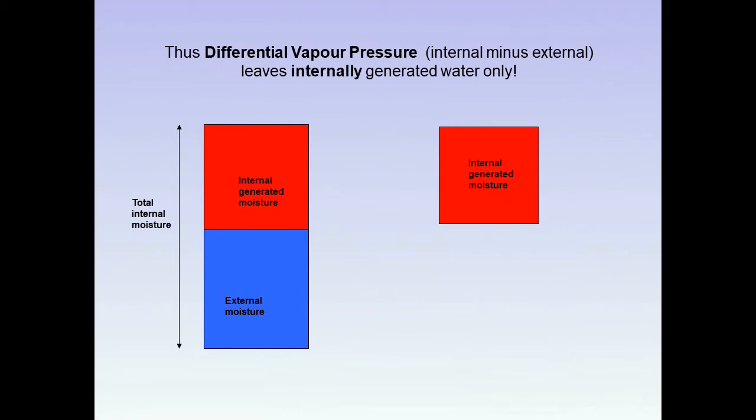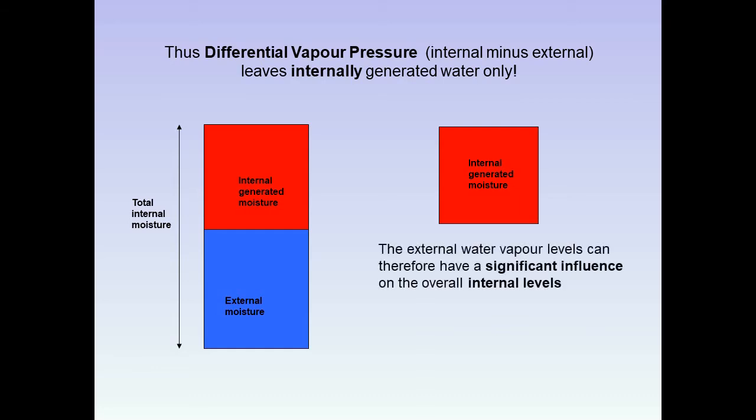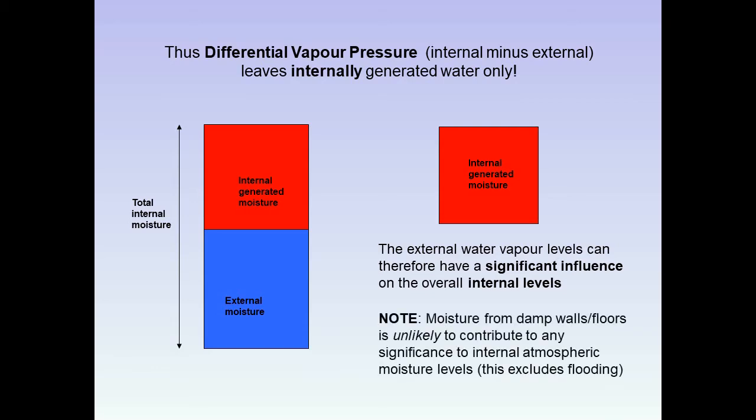Thus, the differential vapor pressure leaves internally generated water only, and this is basically what we're interested in. The external water vapor levels can therefore have a significant influence on the overall internal levels, as we saw previously.